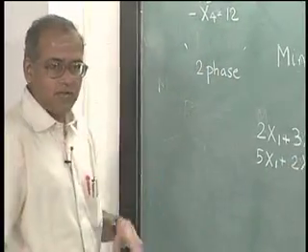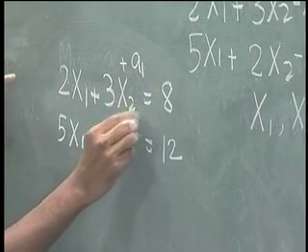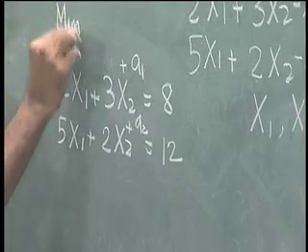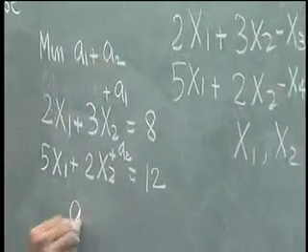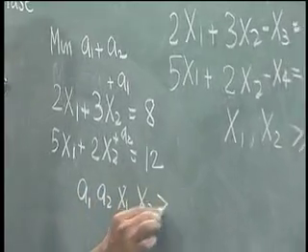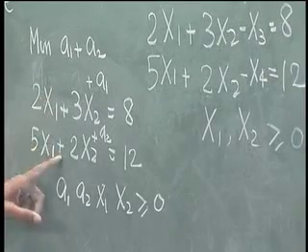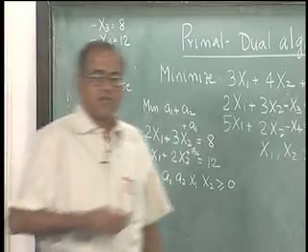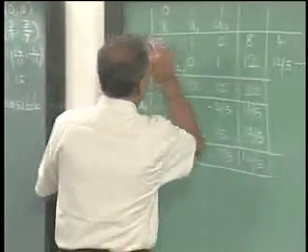So, in the same way we add two more variables, plus a1 equal to 8, plus a2 equal to 12, and then we minimize a1 plus a2 and say that a1, a2, x1, x2 greater than or equal to 0. So, one other thing is to solve it directly, the other is to go to the linear programming and do it. Since we have consistently been using the linear programming approach, we will do it using the same approach.